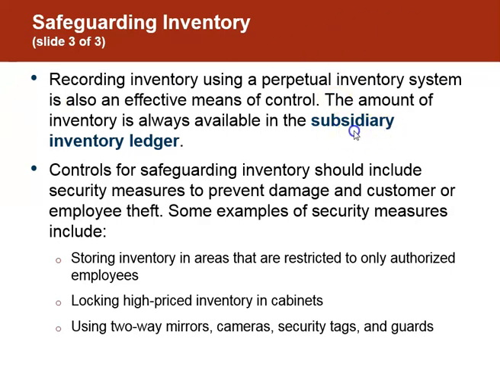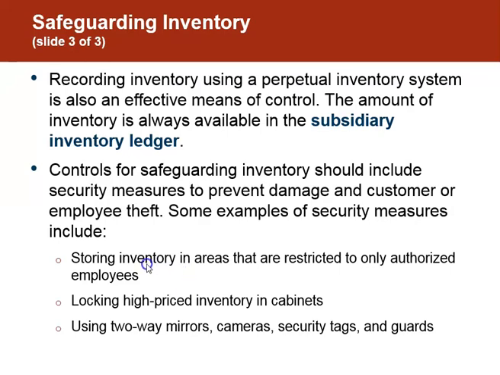So the subsidiary inventory ledger is very, very valuable in helping you maintain the correct amount of inventory. In other words, we don't want to run out of inventory, but we also don't want to have too much inventory.